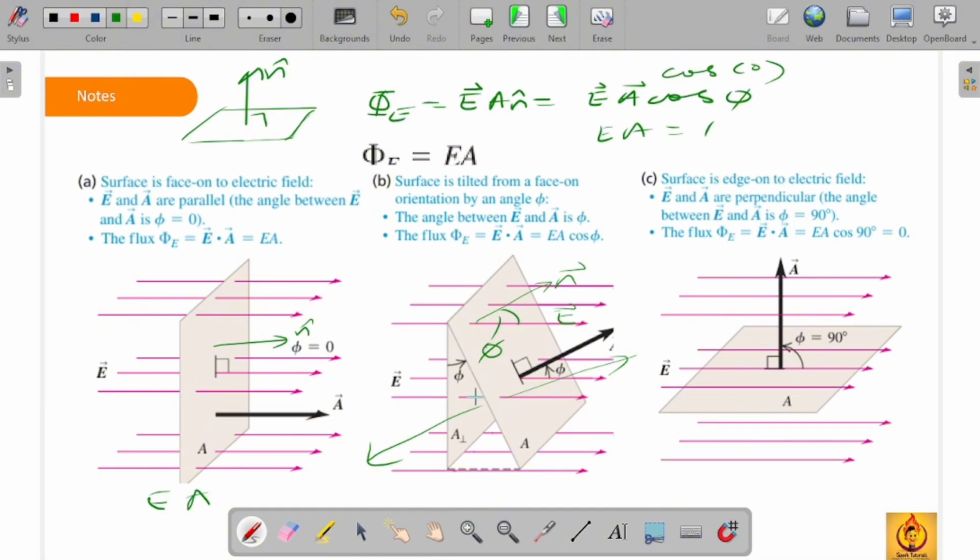But if it was in this direction, you would say, okay, this angle is now negative. So to calculate the flux, you would say EA cos of the negative angle. But remember, cos as a function is an even function. So whether you insert a positive or a negative value here, it comes out as positive.